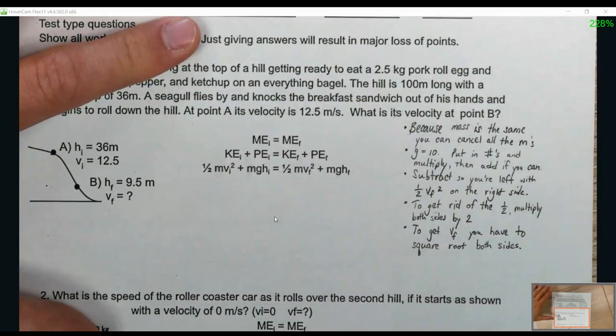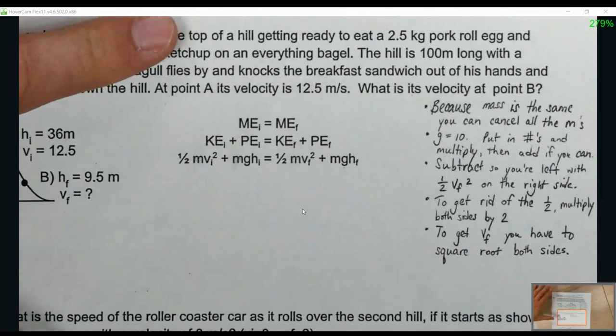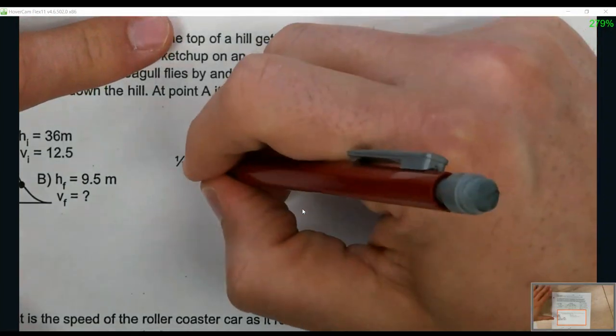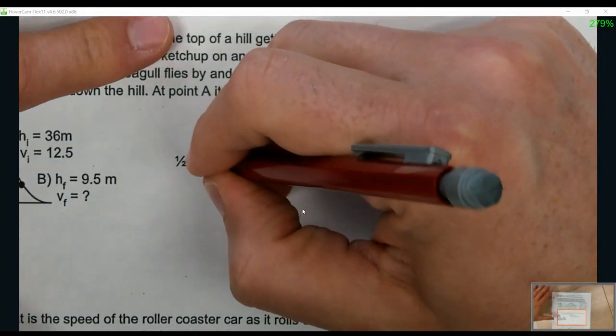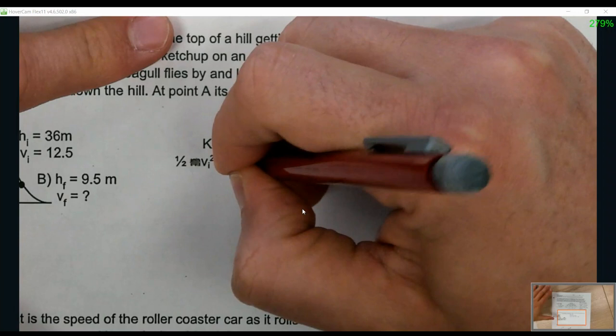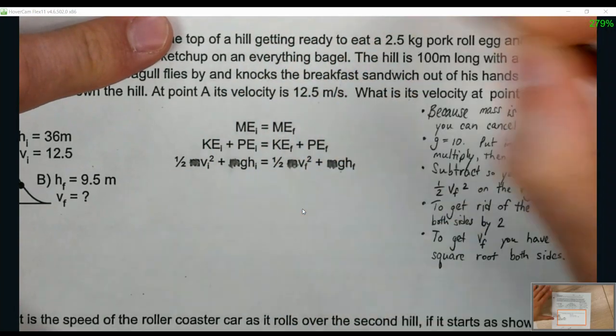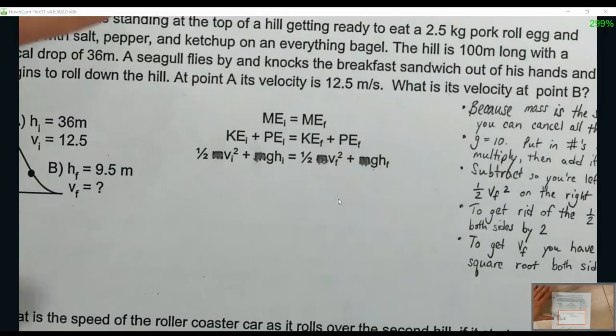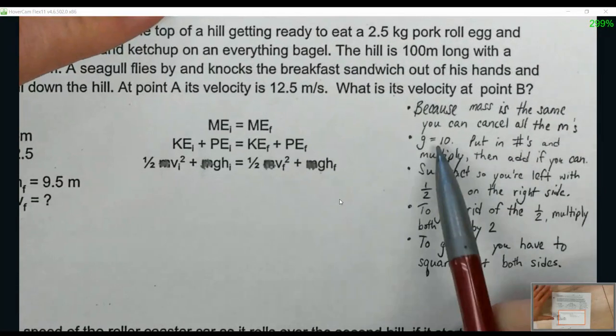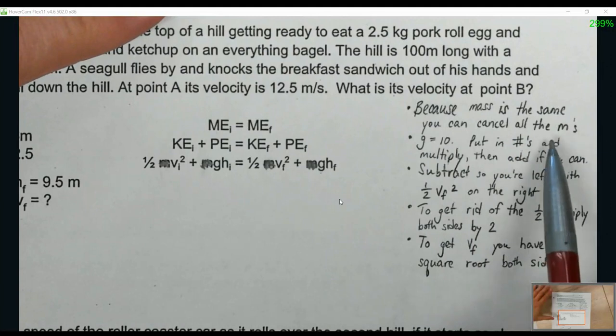Because we're dealing with the same object and the masses are the same, we can cancel out the m's. Next, g is 10, and now put in all your numbers and multiply.